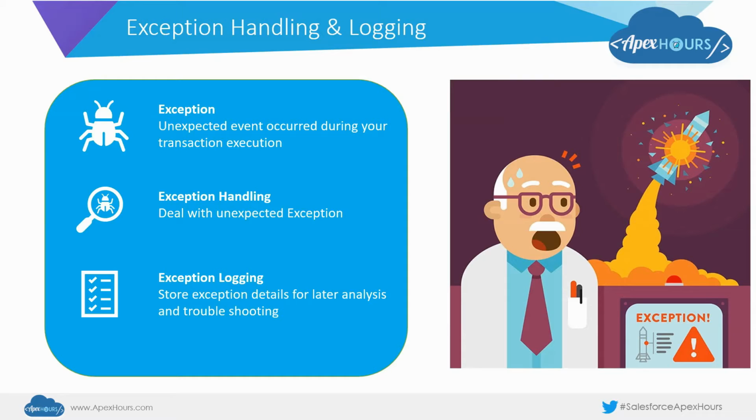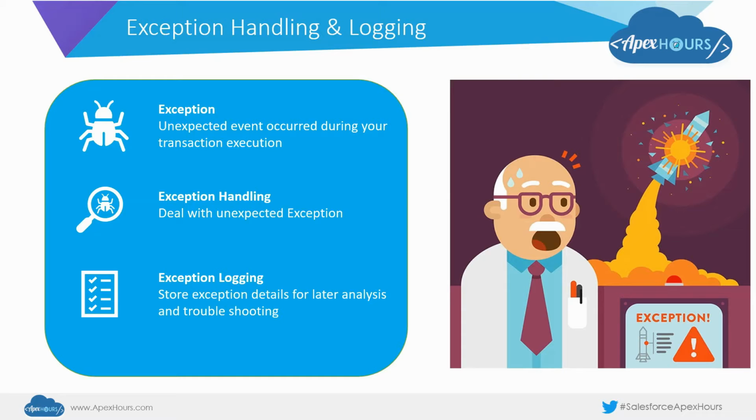And why do you need to log exceptions? When you handle exceptions, your transaction will be successful and users won't recognize that something went wrong at the backend. Later, when they review their records, they will see that some of their expected values are not populated.